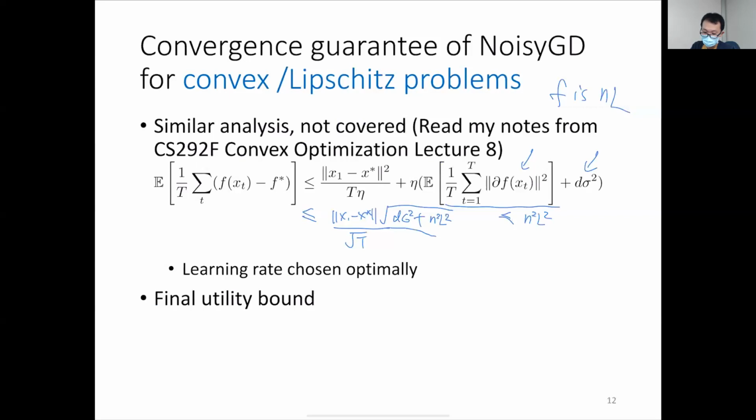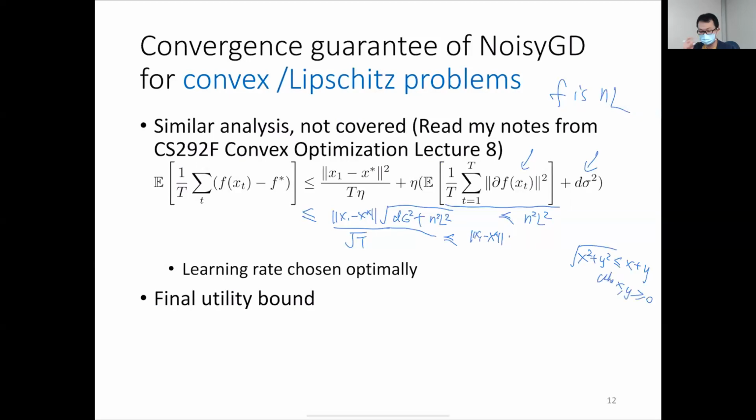And we can simplify these terms further into x1 minus x star, using the fact that the square root of x square plus y square is smaller than x plus y, when x and y are both non-negative.